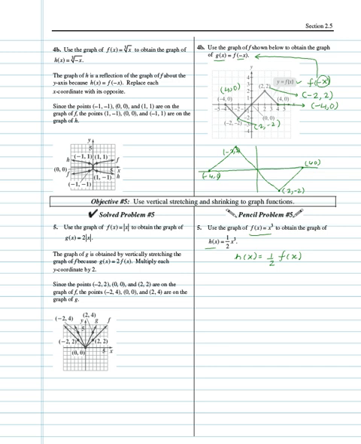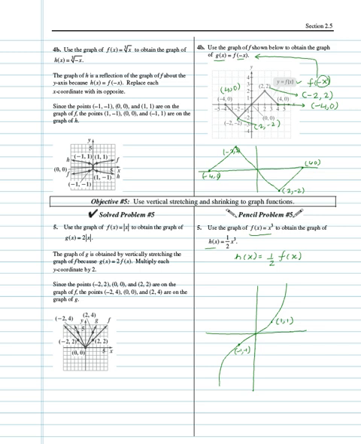So we're just going to graph the function x cubed here. If I take a point here, this point would be (1, 1).